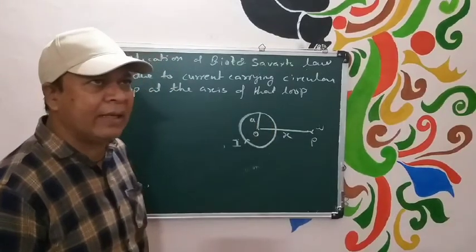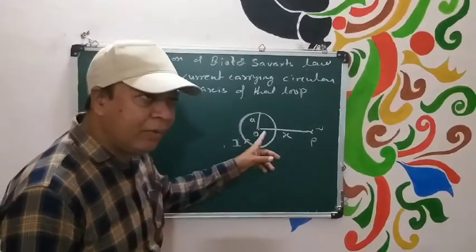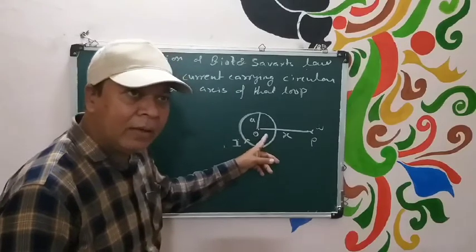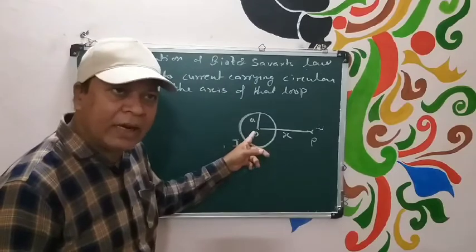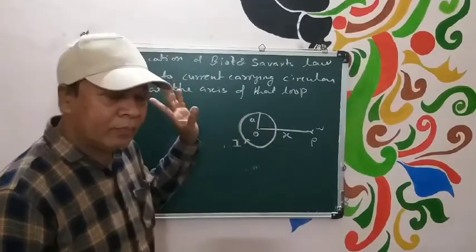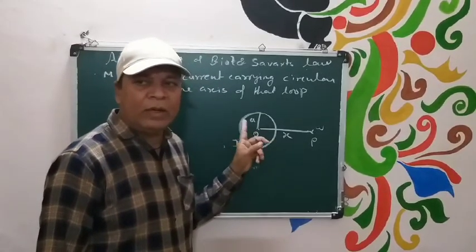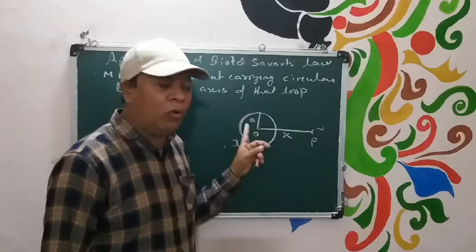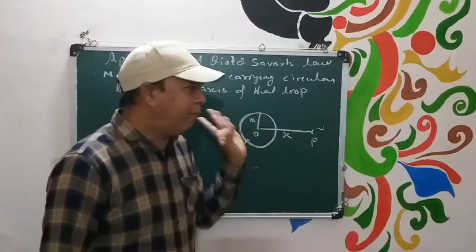And magnetic field at any point. What about the axis? Axis क्या कहलाती है? Axis will be the imaginary line which may be passing through center of the coil and perpendicular to its plane. Is that clear? So axis, it is the imaginary line which may be passing through center and perpendicular to its plane.